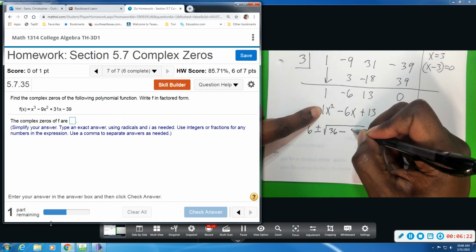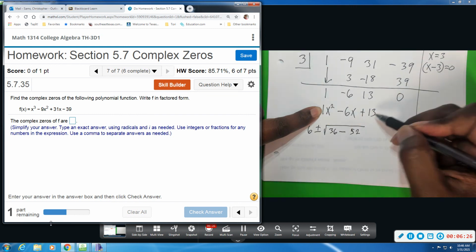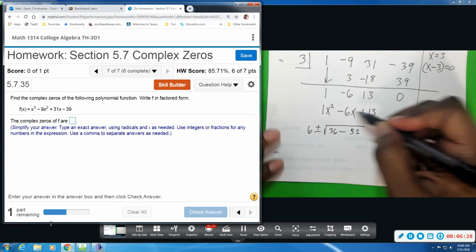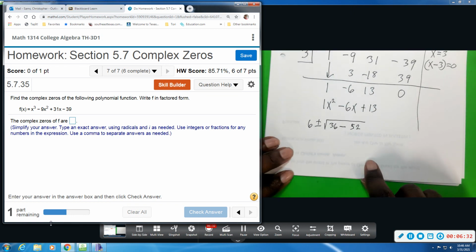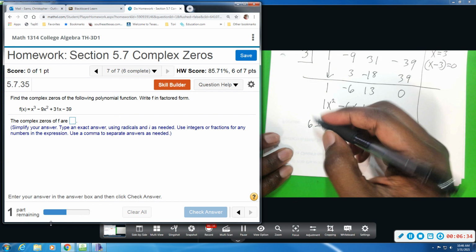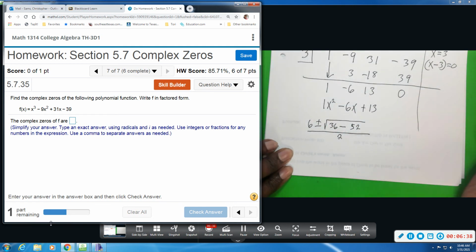That is 4ac. I'm just doing it to condense because I'm running out of space here. All divided by 2a, 2 times 1, which is 2.